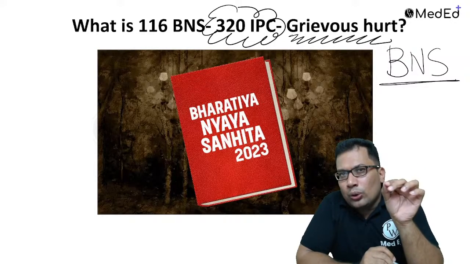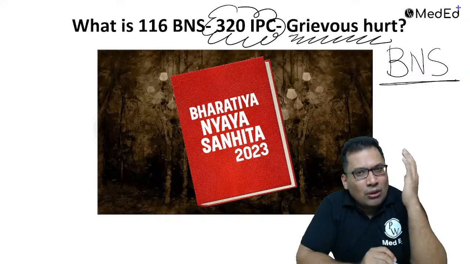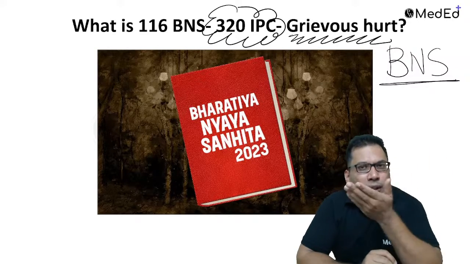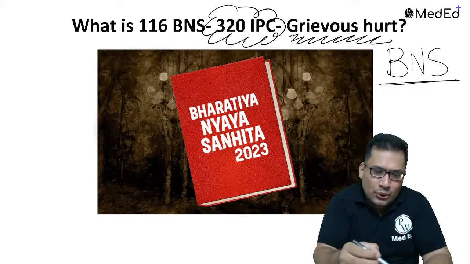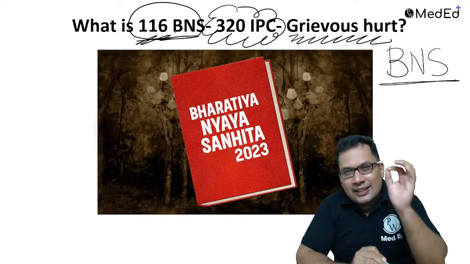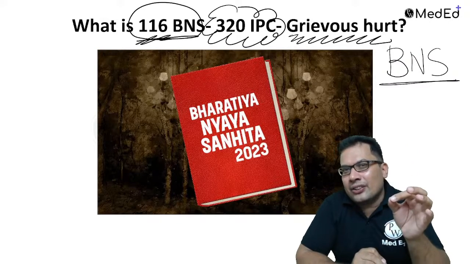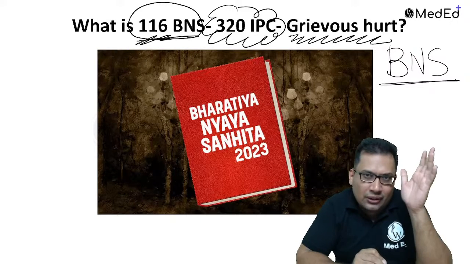That is going to replace Indian Penal Code. So from June, July onwards, we are talking about BNS only. If the question asks about the BNS, your answer should be 116 BNS. Section 116 BNS gives the definition of grievous hurt.